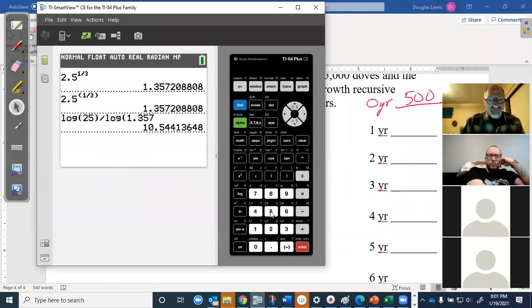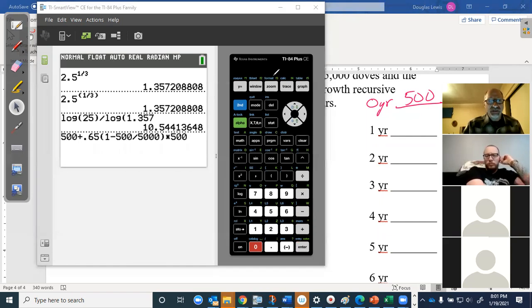So that was 500, oops, not 5,000, plus 0.65, parenthesis, 1 minus 500 divided by 5,000, times 500. Notice that it's 500, 500, 500.